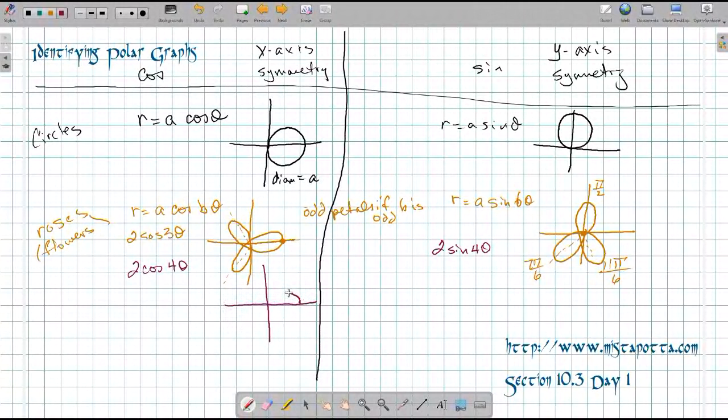I'm going to get 4 petals here. Let me redraw that.